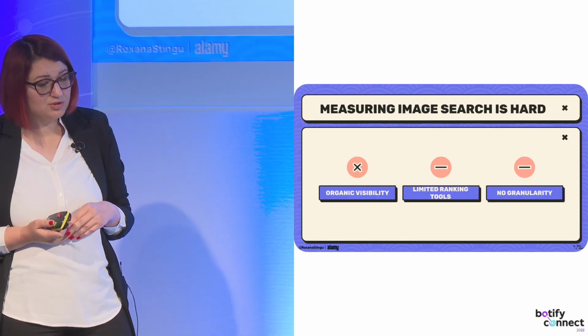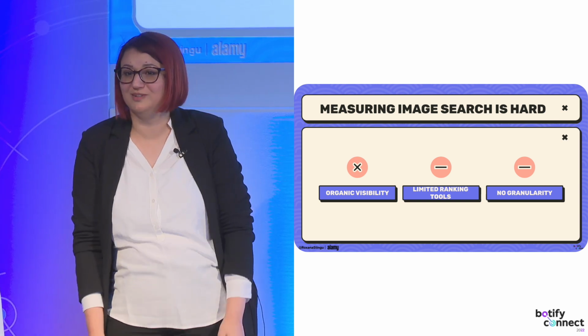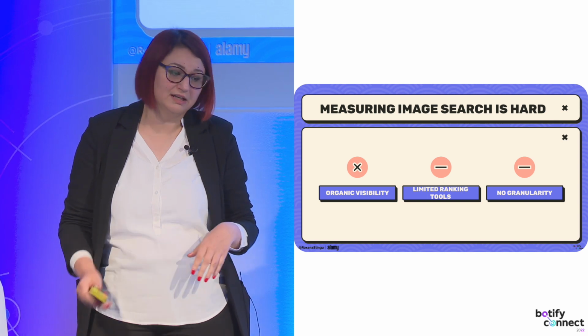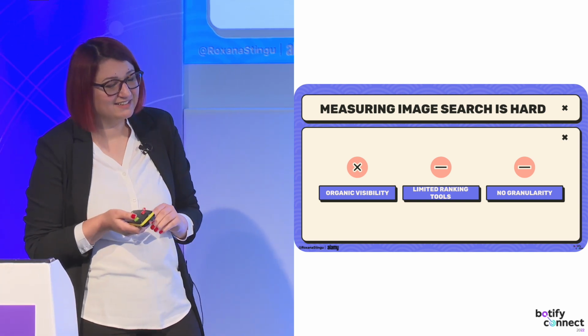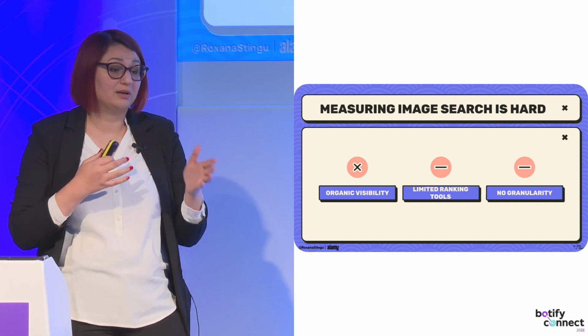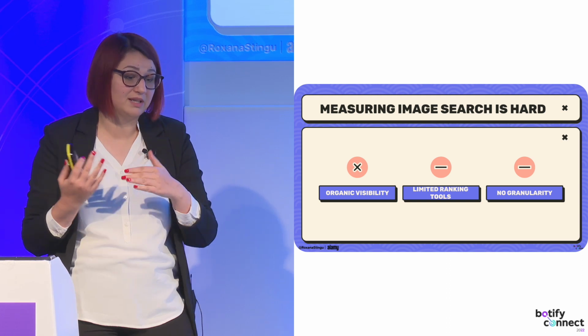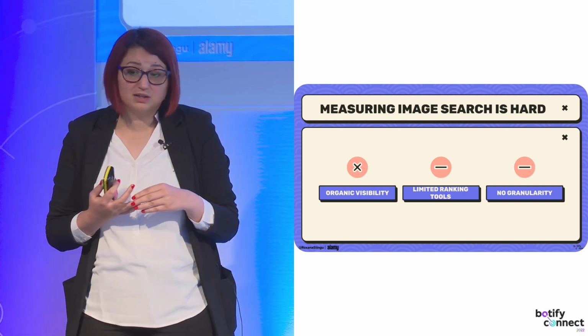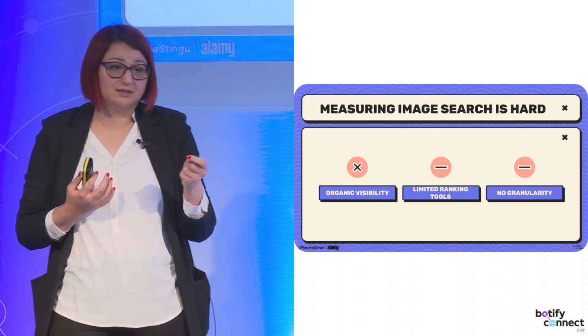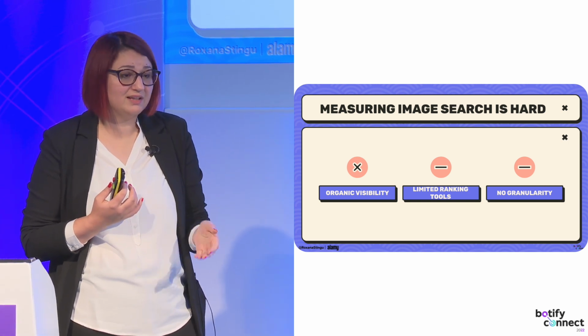Measurement, so how do we measure image search? This is my favorite slide because you don't. No, I'm kidding, but it's very hard. You don't get tools that give you organic visibility for you and competitors, so you can easily look at image search and say we're doing better than them. You get ranking tools that will check a set of keywords you feed it for your site or your competitors, but that's very limited.